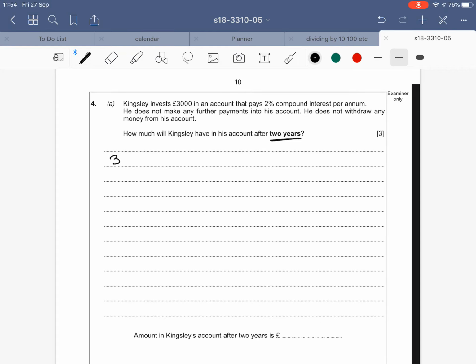So he originally starts with £3,000. If you were to do it on your calculator, you would add your 2% and do it by 2 years. That's what you would put in your calculator. If you wanted to calculate it out that way, that's fine. But the non-calculator method is to find 2% of £3,000. So 1% is 30, so 2% is 60. We're then adding that on. So that's 3,060.